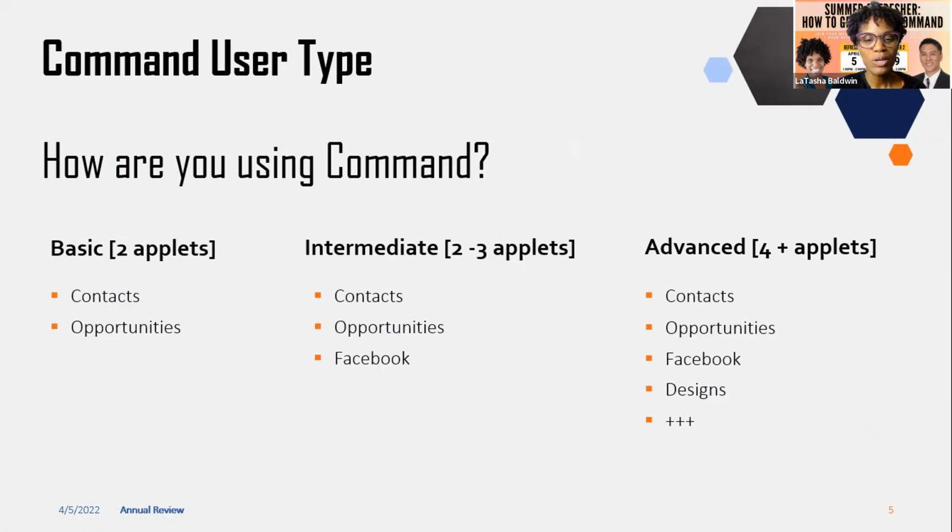Are you a basic user, just utilizing contacts and opportunities? Are you an intermediate user, with 2 to 3 applets, typically contacts, opportunities, and Facebook? Are you an advanced user, using contacts, opportunities, Facebook, designs, etc.?